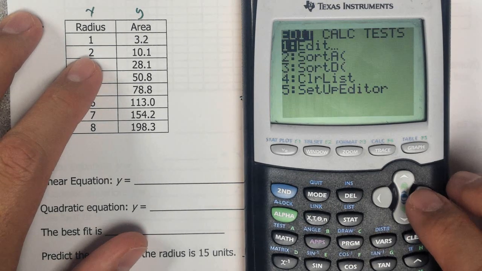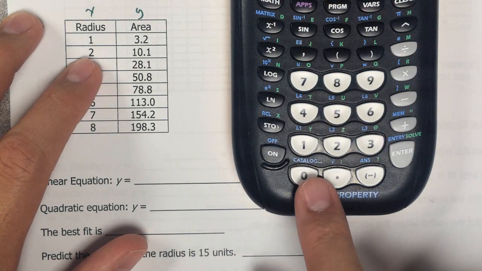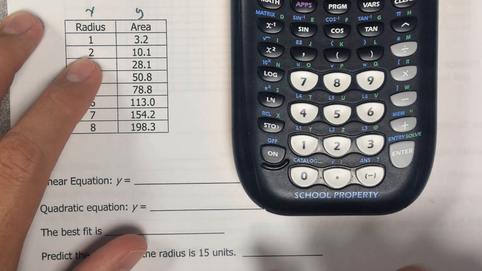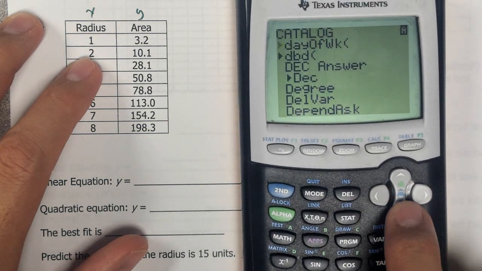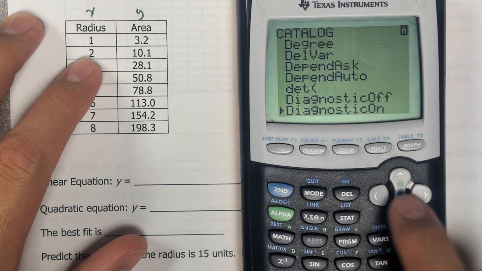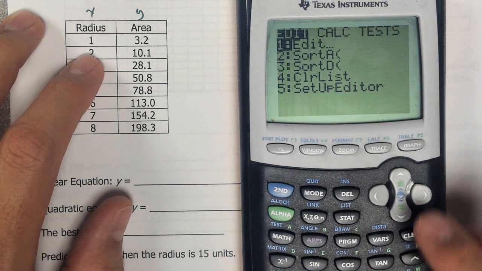Let's go to stat. Actually, let's turn diagnostic on. Diagnostics is on the blue catalog button, the 0 down here. Then we go all the way down to diagnostic on, hit enter a couple of times, and now we're going to do our stat stuff.